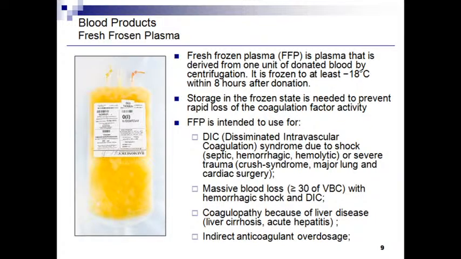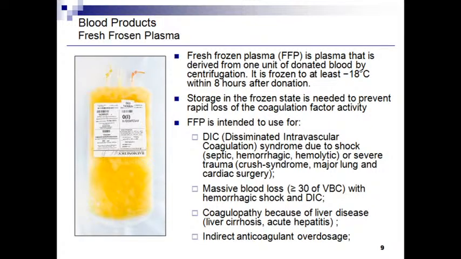Fresh frozen plasma, abbreviated FFP, is plasma derived from 1 unit of donated blood by centrifugation. It is frozen to at least 18 degrees below zero within 8 hours after donation. Storage in the frozen state is needed to prevent rapid loss of coagulation factor activity.